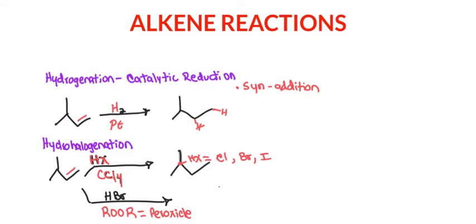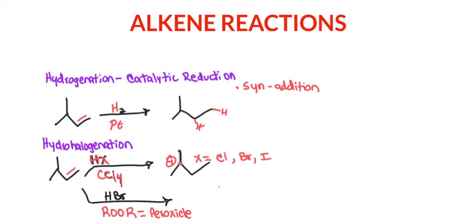This will create a carbocation intermediate. Let me show it here. And it's good for you to notice that everything that goes to the most stable position will have a carbocation intermediate.